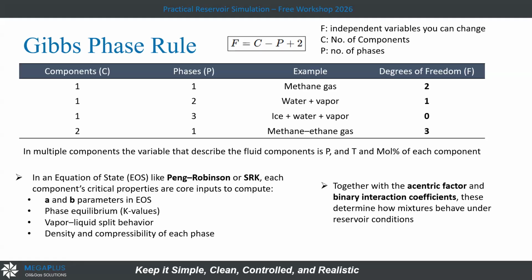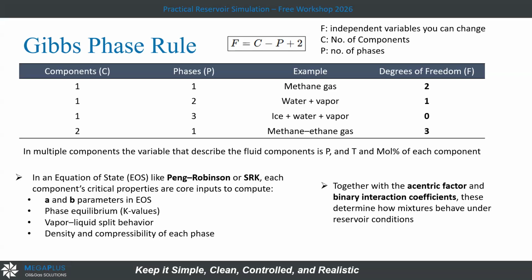As an example, pressure 4,000 psi, the temperature 200 Fahrenheit, and at this pressure and temperature, I will get 90% mole percentage of methane. So the percentage of the stream is methane 90%, and the 10% is ethane. Imagine that we have 20 components.